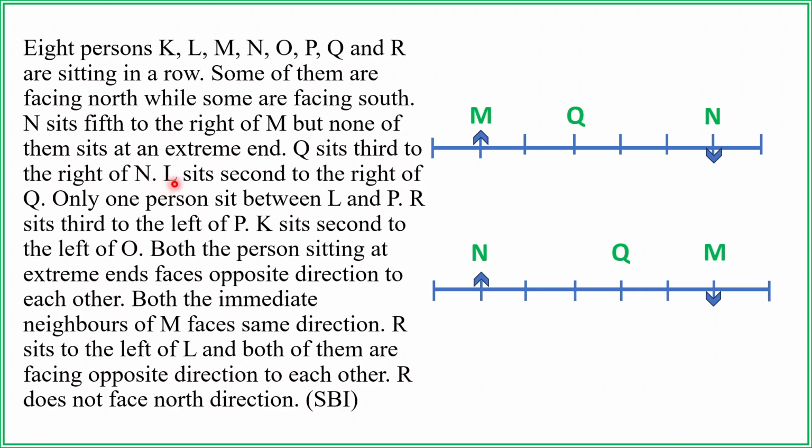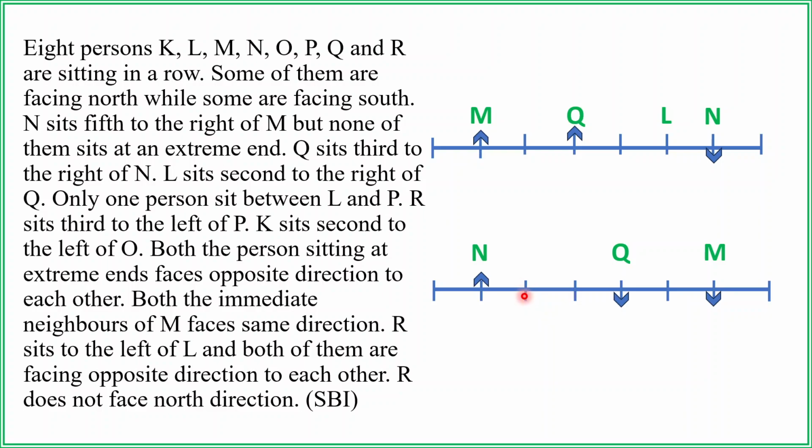Now it is given L sits second to the right of Q. Okay. So in the first case, let's suppose Q is facing north direction. So L sits second to the right of Q. So L will be placed here at this position. And in the second case, let's suppose Q is facing south.